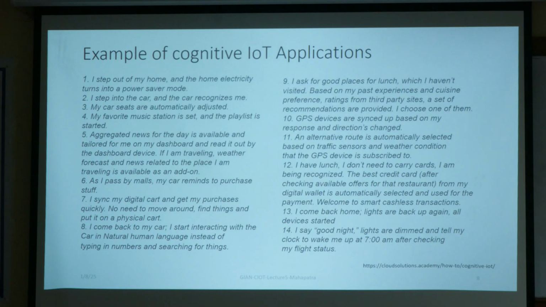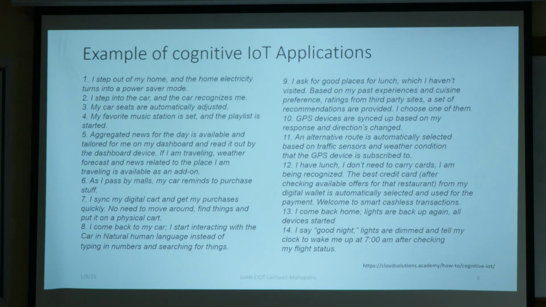The news aggregate is displayed or told to me, and a dashboard can be read out. As I travel, it tells me the weather forecast of my destination or on the way. All those necessary things come on their own. And if I pass by a mall, the car reminds me of anything I have to purchase that was previously stored, and I sync my digital card so the purchase can be made quickly.